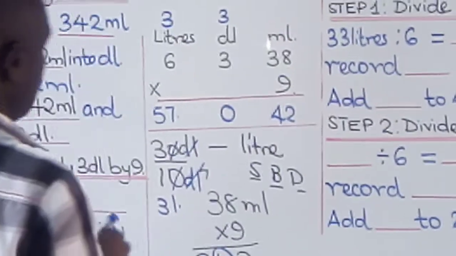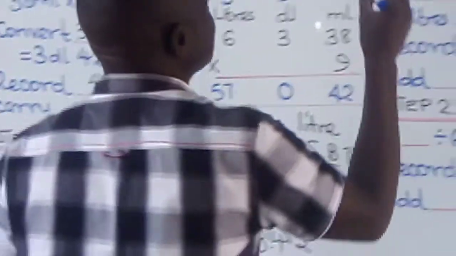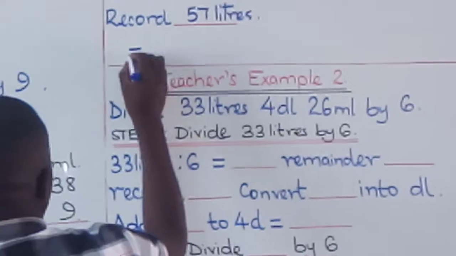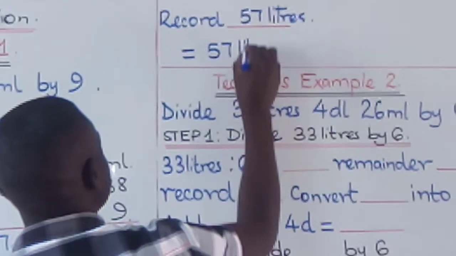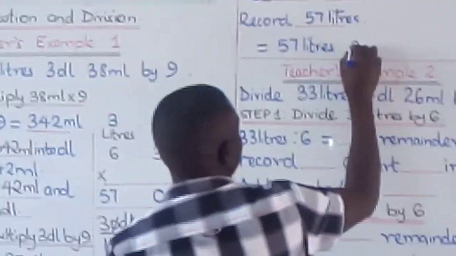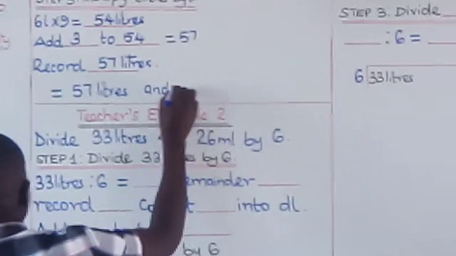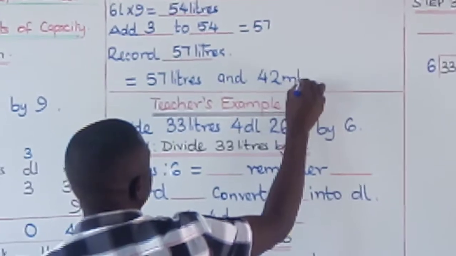Now, having that, boys and girls, the answer is written down here: 57 liters and 42 milliliters.